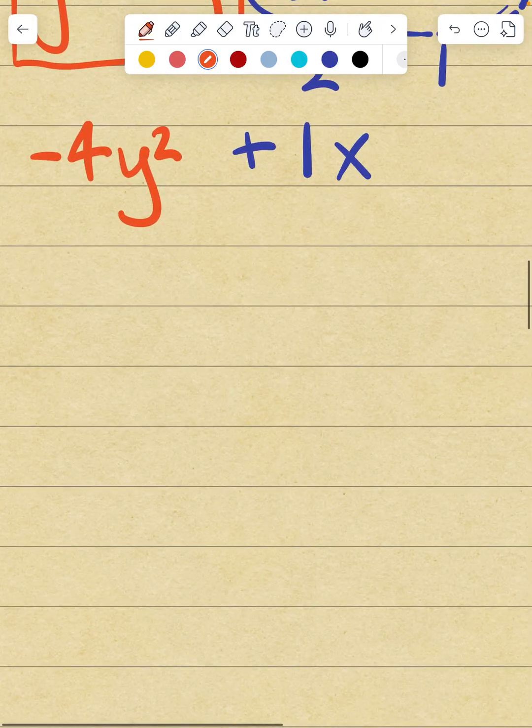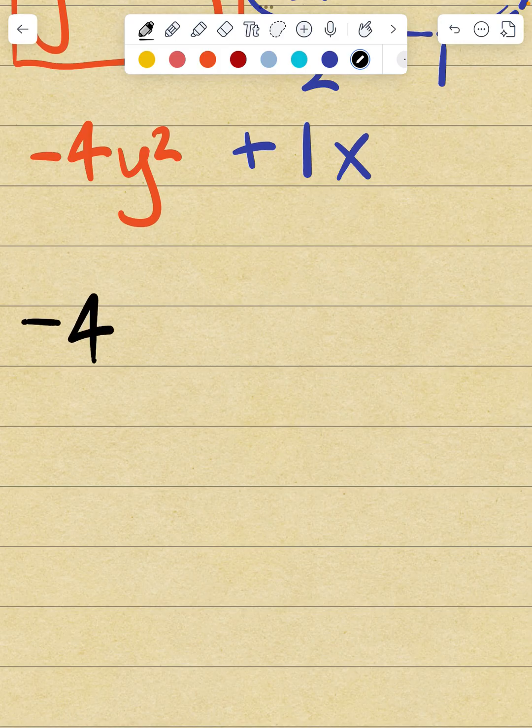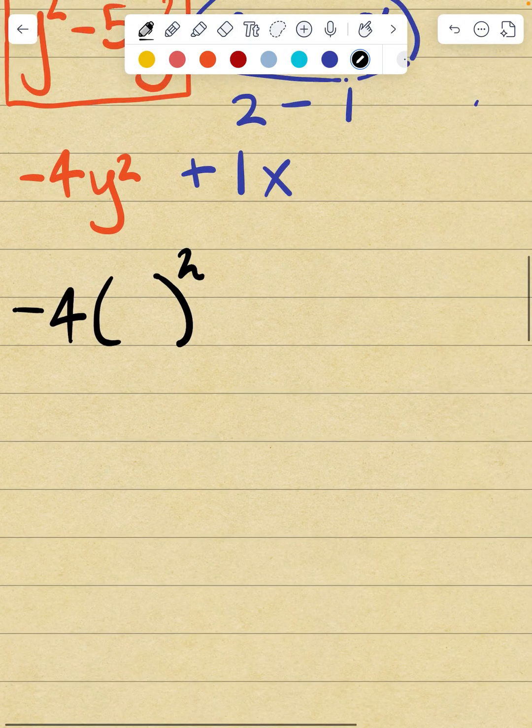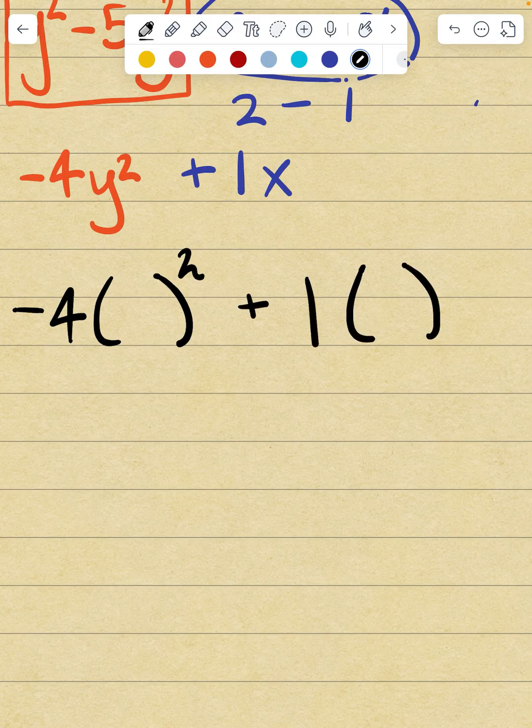So how I'm going to do that is I'm going to rewrite -4, and then instead, right, I'm going to do my parentheses, and I still have to keep that exponent even though I'm replacing the y. And then I do plus 1 and then parentheses.